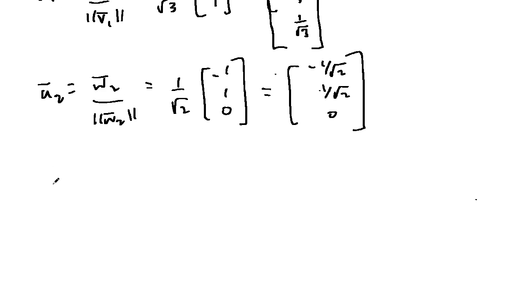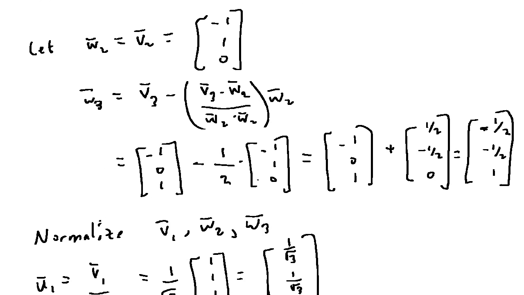Okay, now u3 is w3 divided by the norm. Okay, look at w3 here. Take the norm of that.